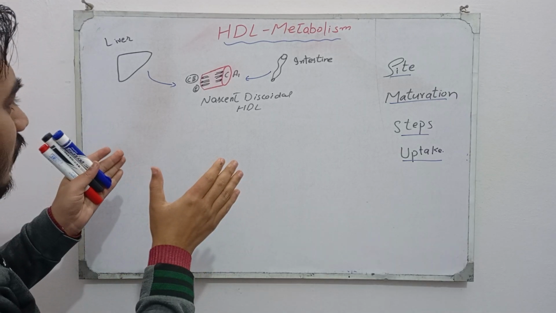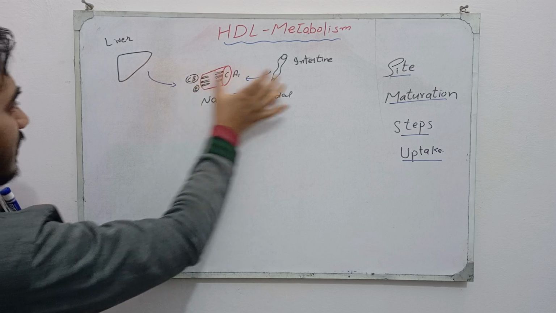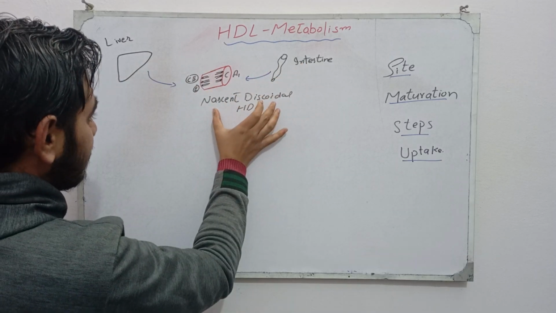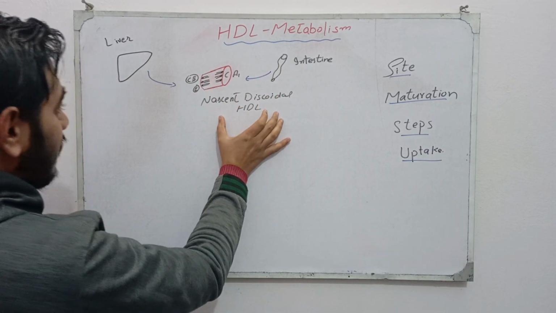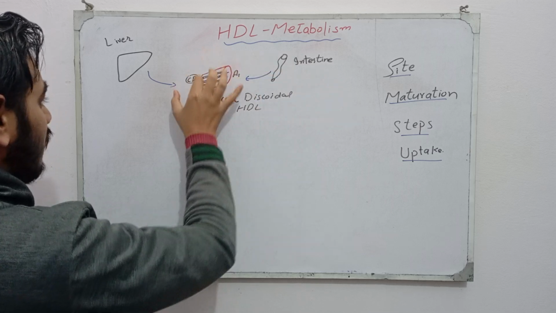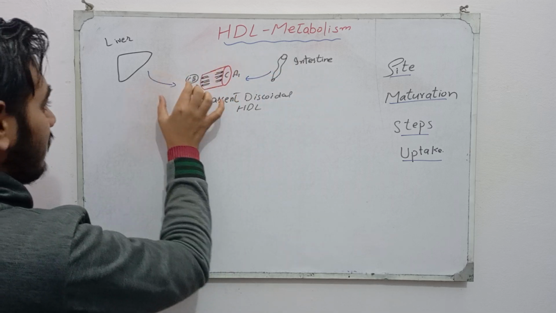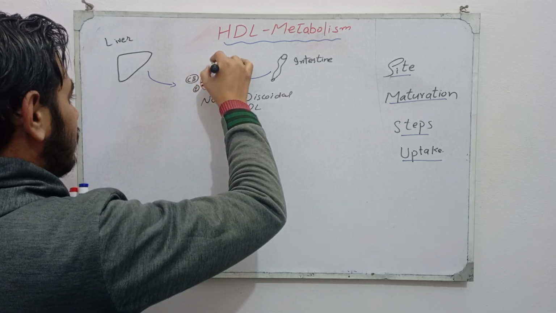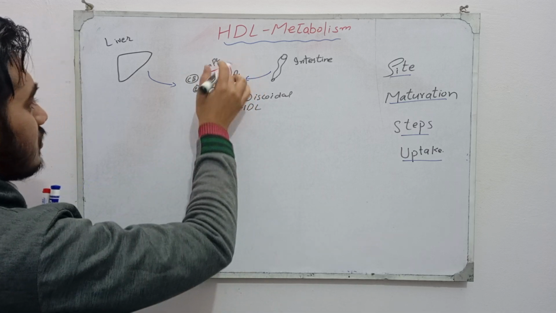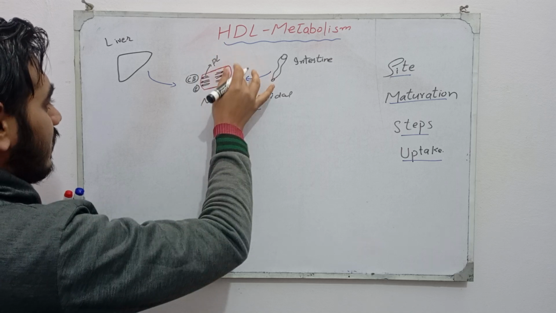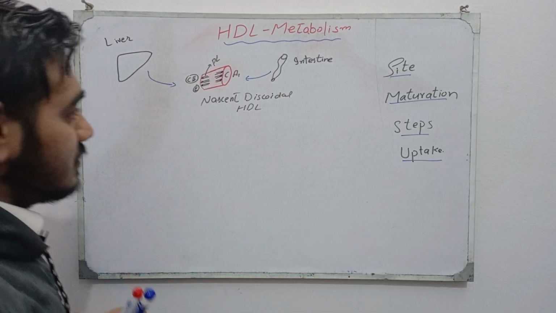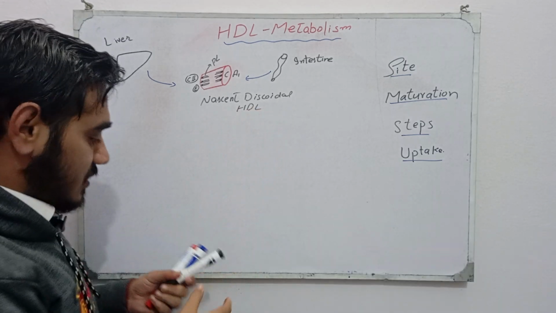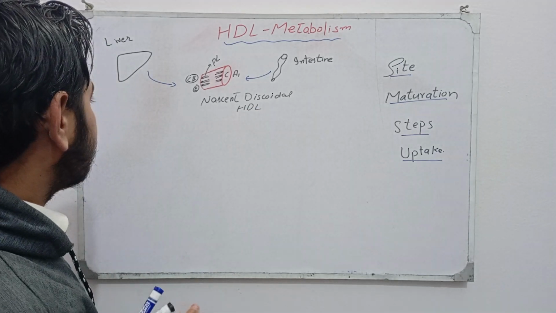The synthesis of HDL takes place in liver and intestine as a nascent discoidal HDL. Intestine acquires ApoC2 and ApoE protein from the liver. This is the phospholipid, this is the cholesterol and ApoA1 protein, and these are proteins. Nascent discoidal HDL.